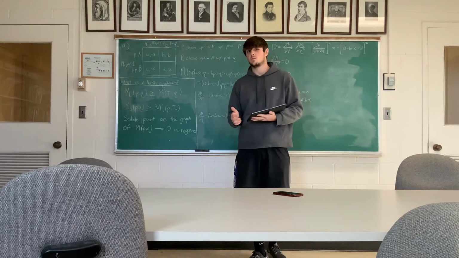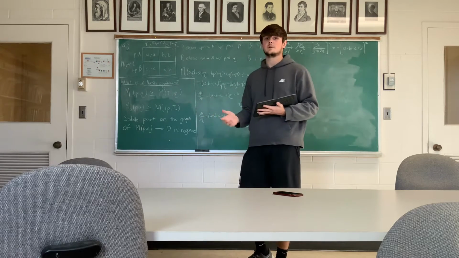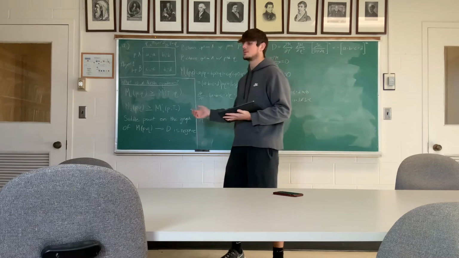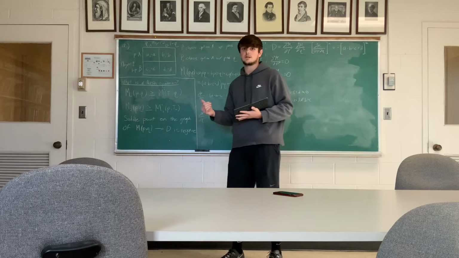First, we want to talk about what a Nash equilibrium is, shown here. A Nash equilibrium is a point at which a change in a player's strategy decreases the payoff to that player.